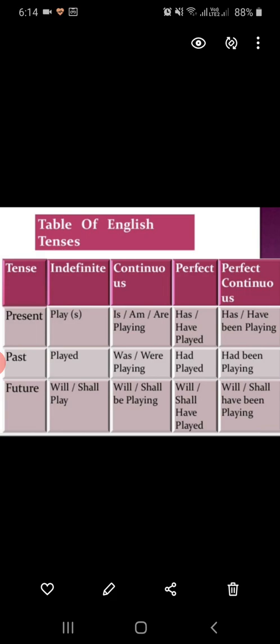Future indefinite, or we call it simple future, will, shall plus first form of the verb. Future continuous, will, shall, be plus the ing form of the verb. Future perfect, will, shall, have plus the third form of the verb. Future perfect continuous, will, shall, have been plus the ing form of the verb.